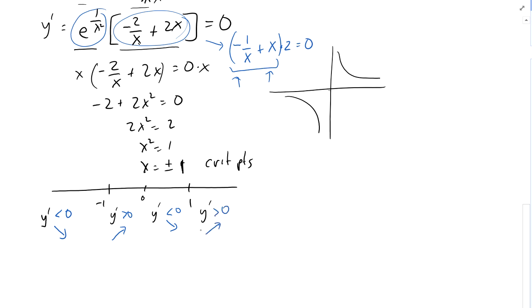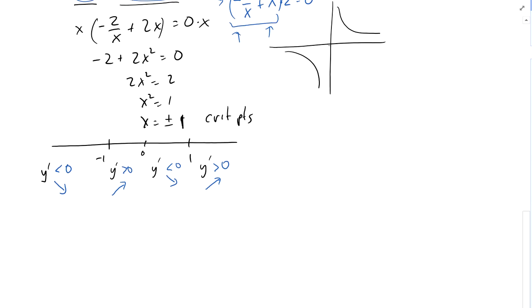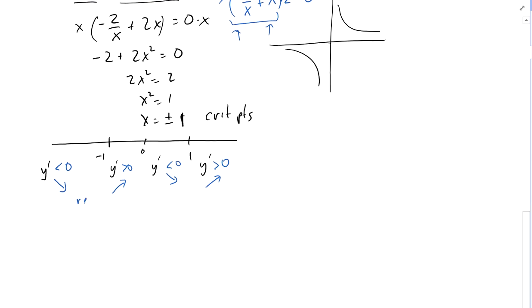Please don't make the assumption that it just keeps going back and forth. Okay, so this is a relative minimum. At 0, I can't say it's a relative maximum because it doesn't even exist there. But I do know it changes from increasing to decreasing somehow at that point.